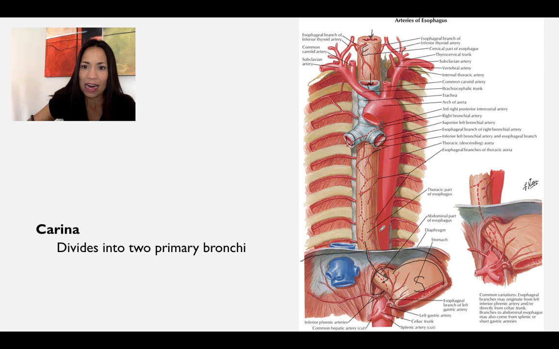Okay. Also, please see that the trachea is located on the right and posterior to the aortic arch. And then you can see here how the thoracic aorta descends into the thoracic cavity, passing behind the esophagus and through the diaphragm, through the opening or the foramen for the aorta.